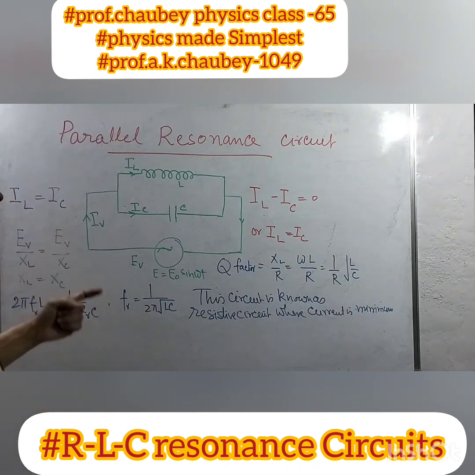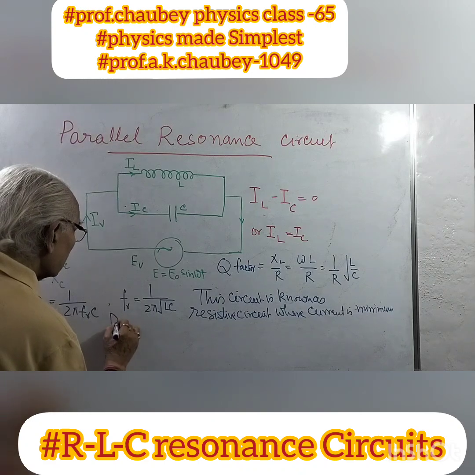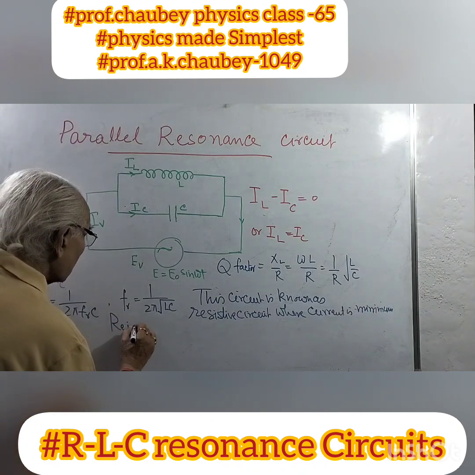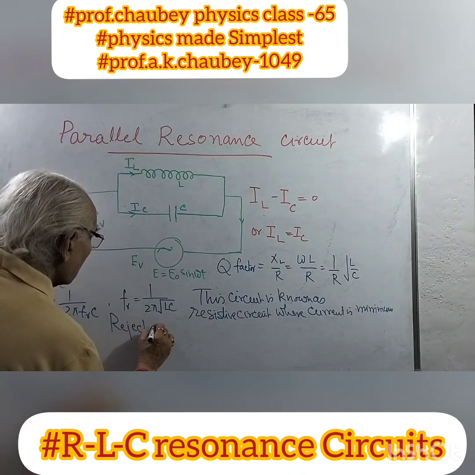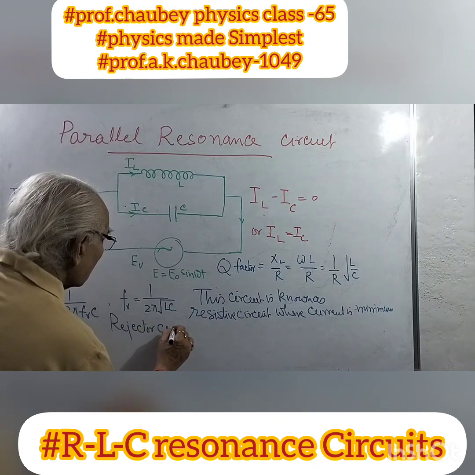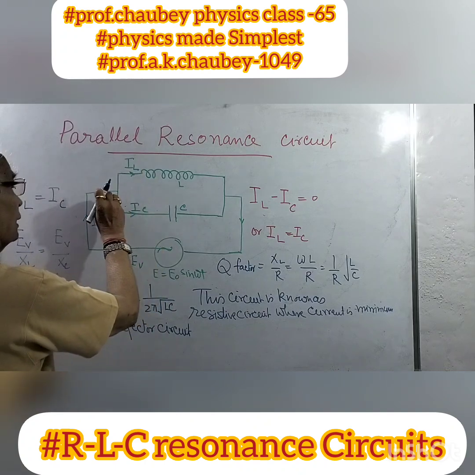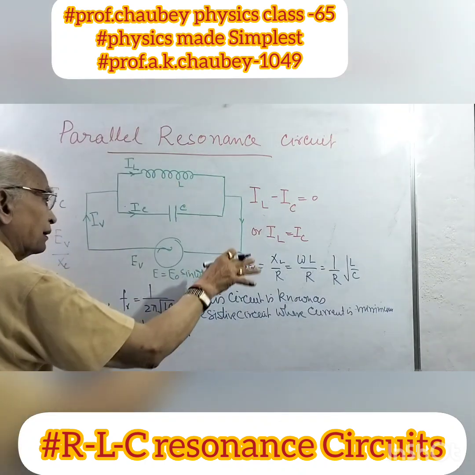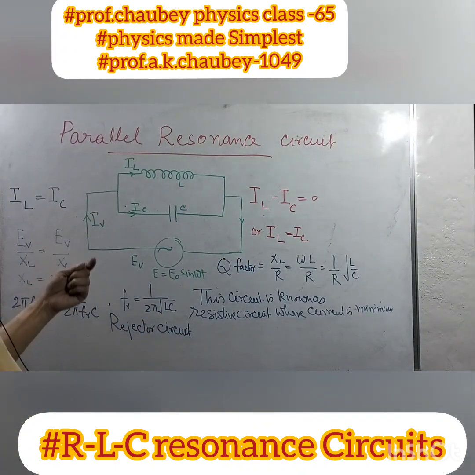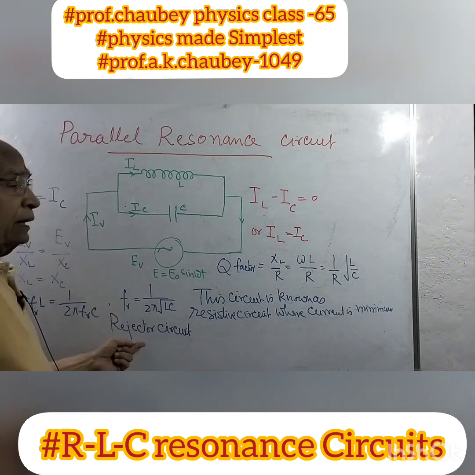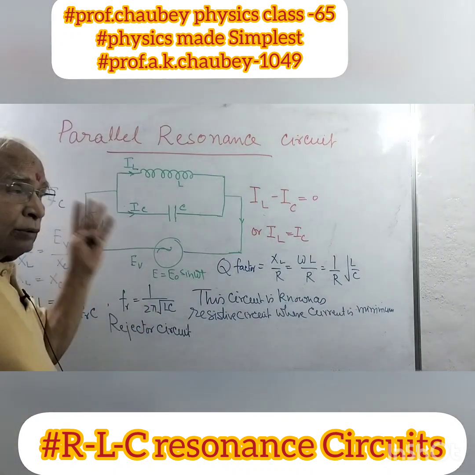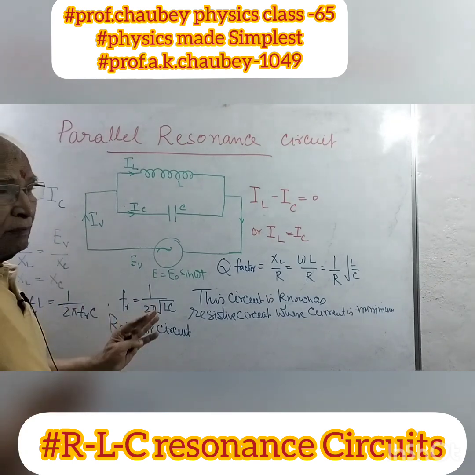This is the rejector circuit. This circuit will not allow certain frequencies to enter, because some frequencies will give a very small current below a certain limit, and those frequencies will be rejected.